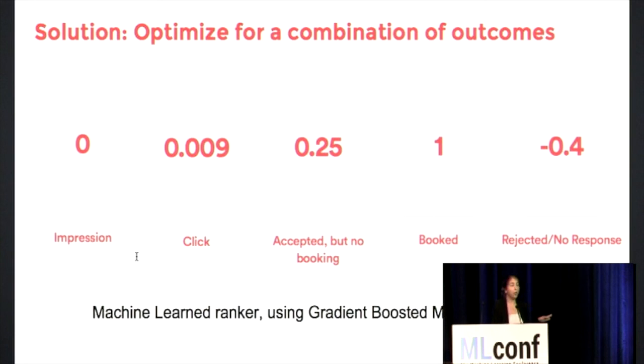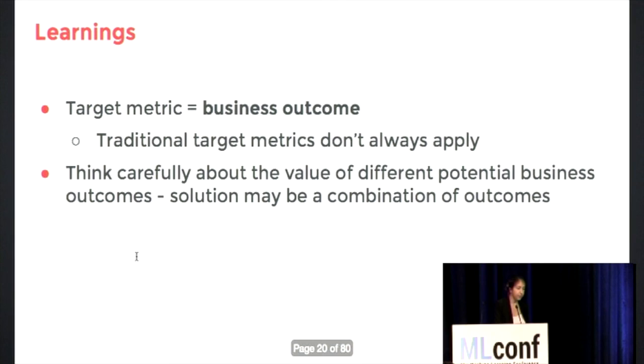This is something where we're constantly iterating on it, but this gives you a sense of what we might be thinking about here, where we're looking at all of these different components and thinking about what's the right objective function. So again, target metric, think about business outcomes like bookings, think about things like rejection, and think about how you might actually want to think about a combination of outcomes.